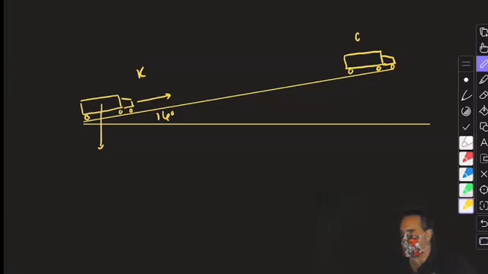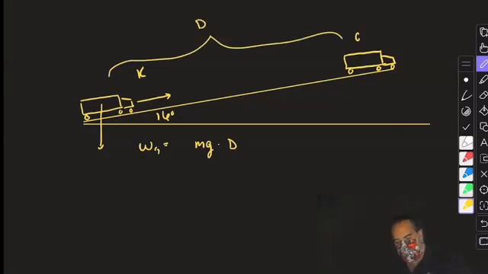Does that make sense? So the work done by gravity is mg for the truck times whatever that distance is. This is what we're trying to figure out, this distance. And the cosine of 96 degrees. That's going to be negative, but that doesn't matter.